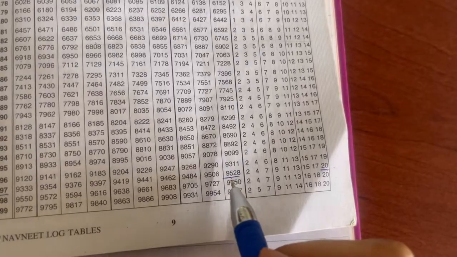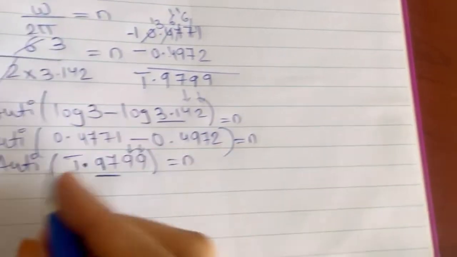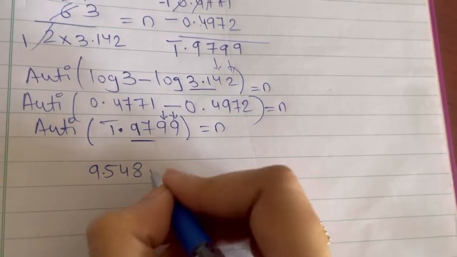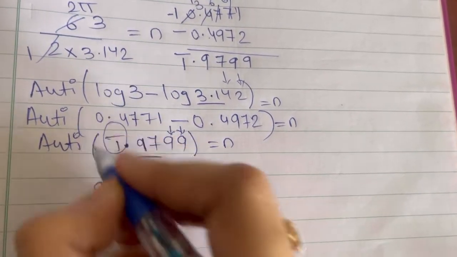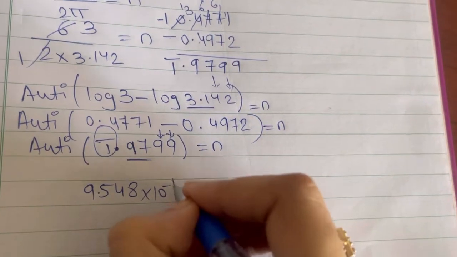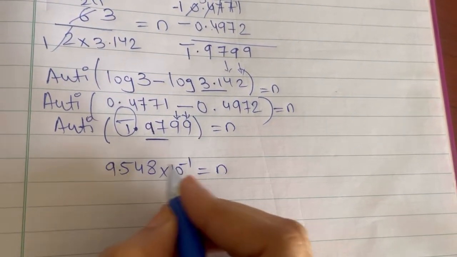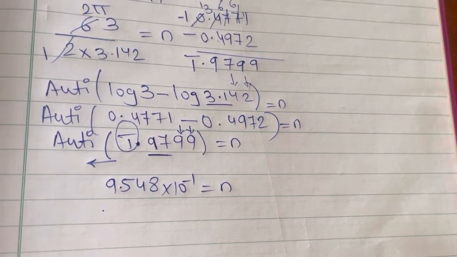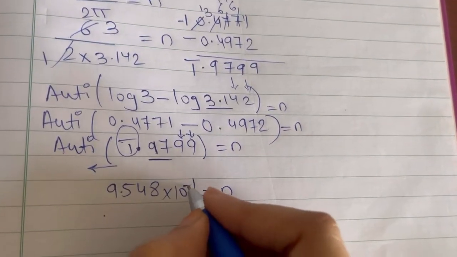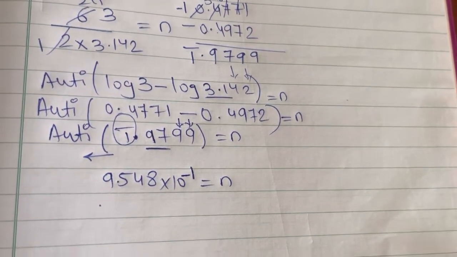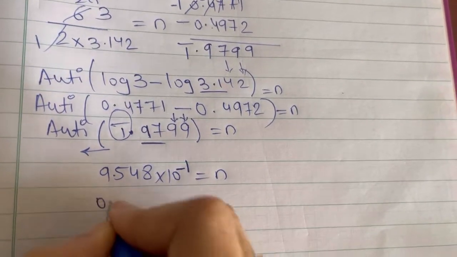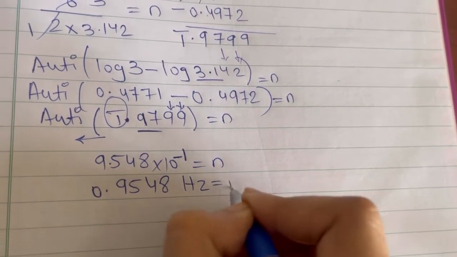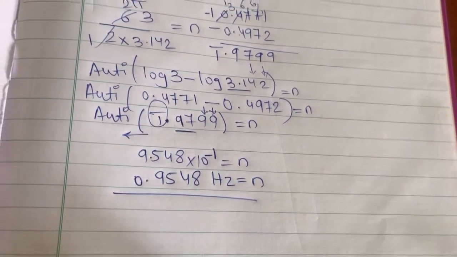So this becomes 9548. After one digit you will put the point, into 10 raised to whatever number you have before the point, that is minus 1. So you'll shift the point towards the left hand side, because you have minus 1 present, so this becomes 0.9548 hertz, which is the unit for frequency.